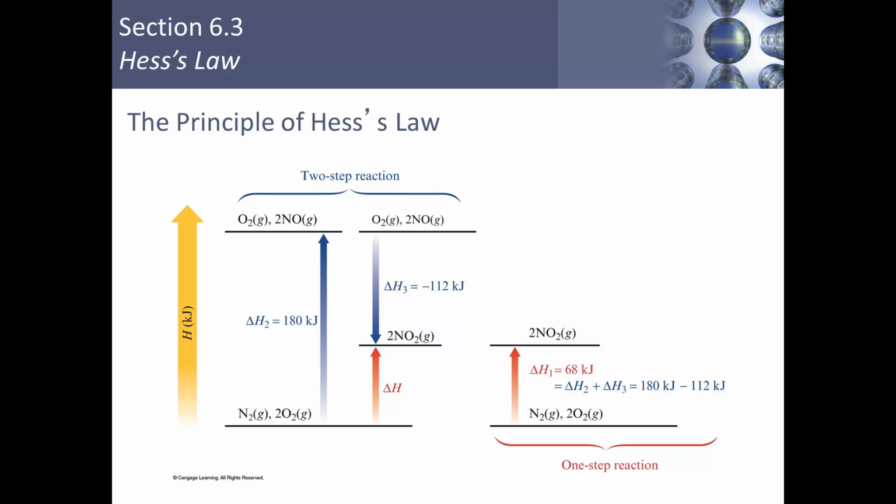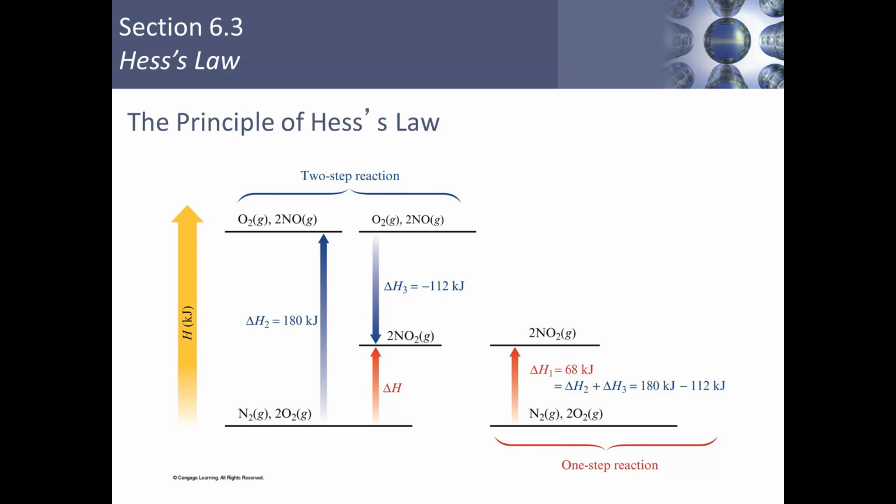We can look at this another way. In the two-step reaction, we go from nitrogen and oxygen to oxygen and nitrogen monoxide. The change in enthalpy is 180 kilojoules in an endothermic process. And then in an exothermic process, we get our change in enthalpy 3 in going from oxygen and nitrogen monoxide to nitrogen dioxide.